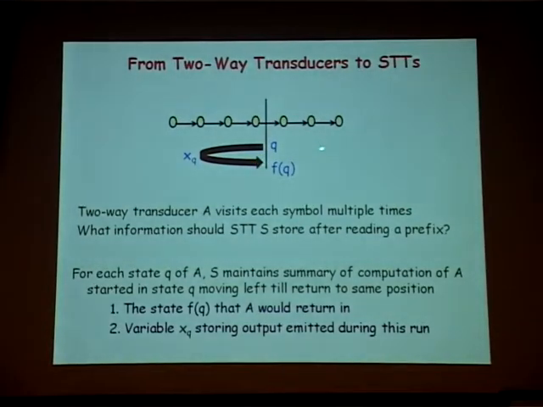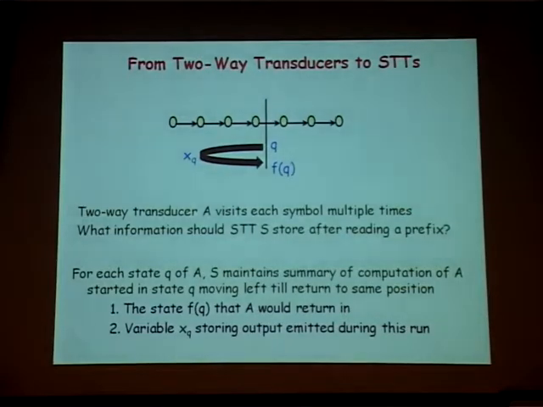And that can be captured by a function from Q to Q. It says that if I start in this state, what would be the state that the machine would go back in while crossing this edge again? And then you have to update this information consistently, because the one-way transducer is going only left to right, and it's trying to compute this mapping from Q to Q, and at every step it updates that mapping.